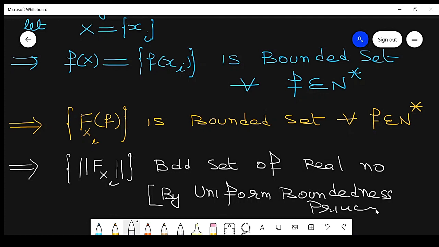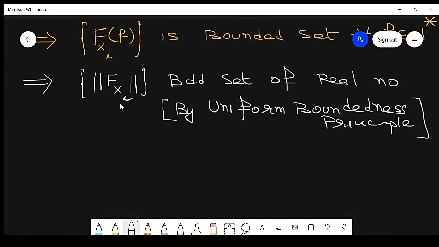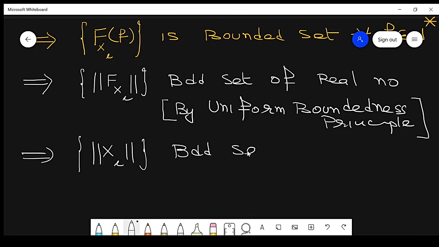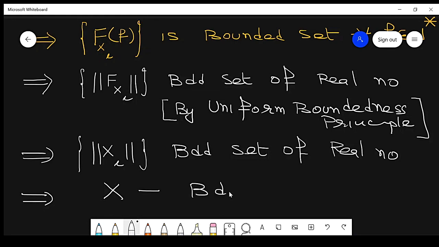Just see the statement of the uniform boundedness theorem. Now we know that this is equal to the norm of x_i. So the set of norms of x_i is a bounded set of real numbers. If this is a bounded set of real numbers, then the total set X is a bounded set, which proves our result.